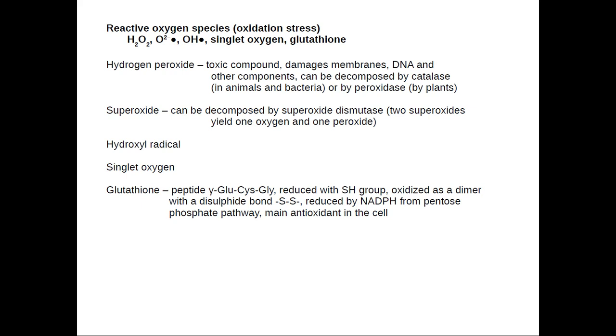So if you get a scratch on your skin, it's possible to apply a 3% solution of hydrogen peroxide. And if you have ever done this, the hydrogen peroxide solution starts to bubble. And this is because of the presence of the enzyme called catalase in these cells.